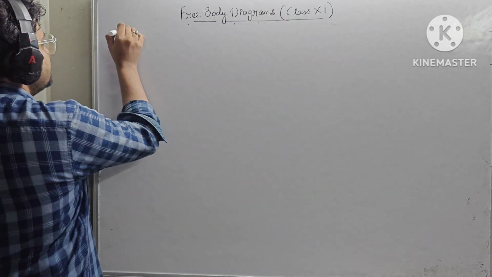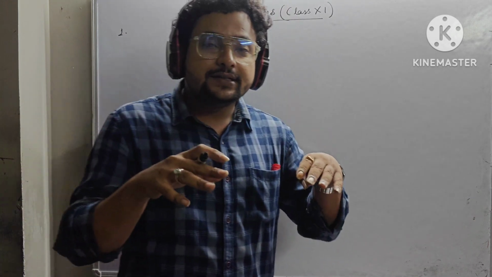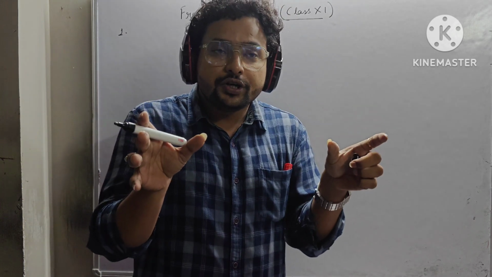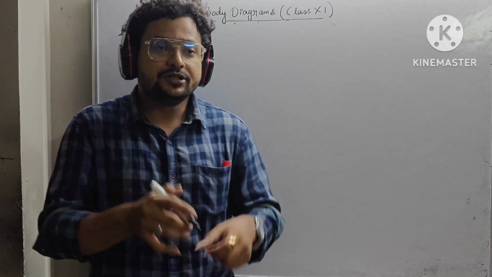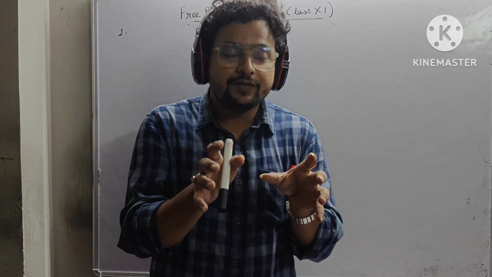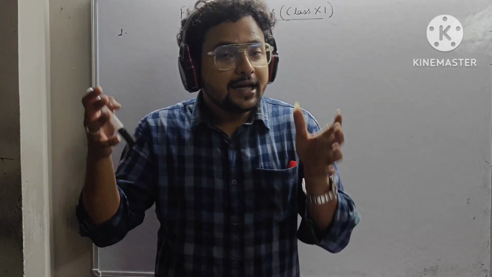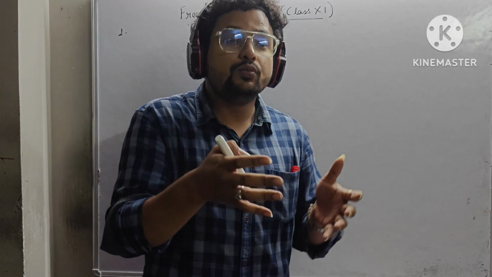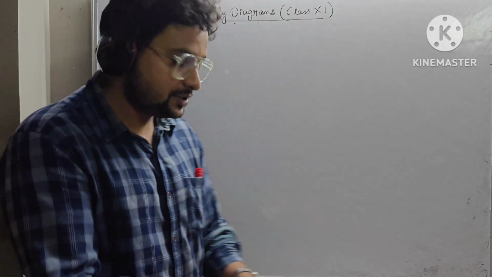Number one. If there is a surface, and on the surface I place two bodies which are in contact with each other, and I apply a force from one direction, and there is an acceleration on both the bodies, in that case how do we find the acceleration?